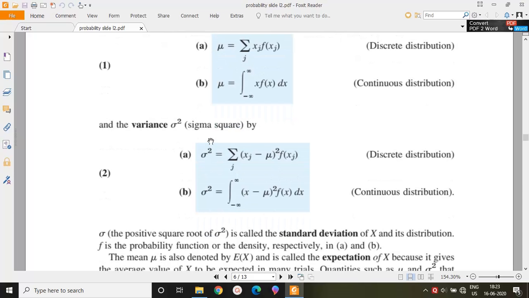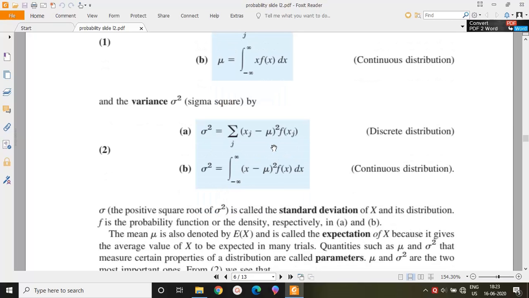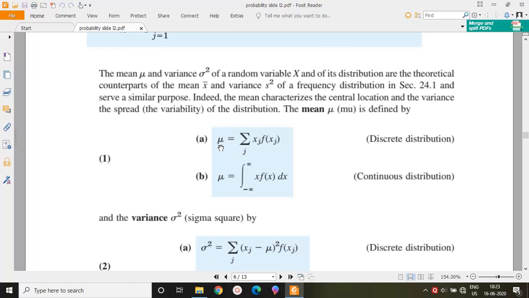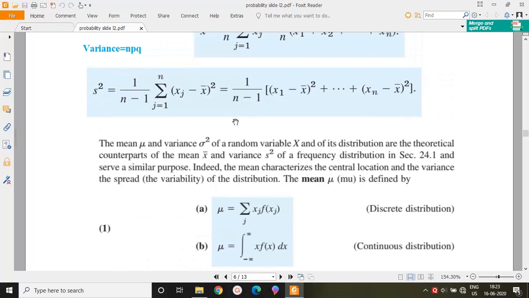Likewise, your variance, that is sigma square, the standard deviation square, is the sum over j of (xj minus mu) square into f of xj for the discrete type, and the integral from minus infinity to plus infinity of (x minus mu) square f of x dx for a continuous distribution. So these are the mean and variance expressions for probability distributions.